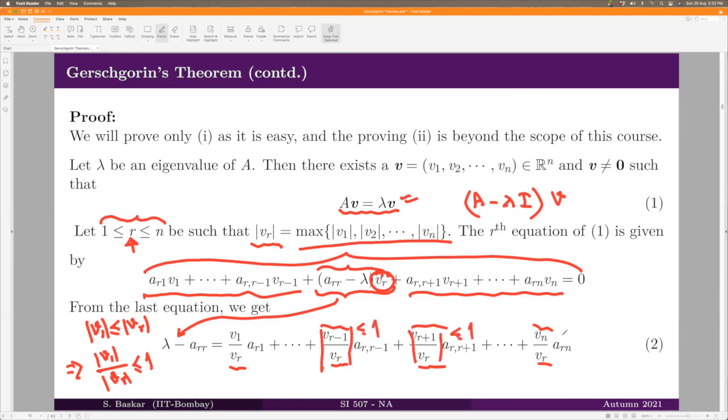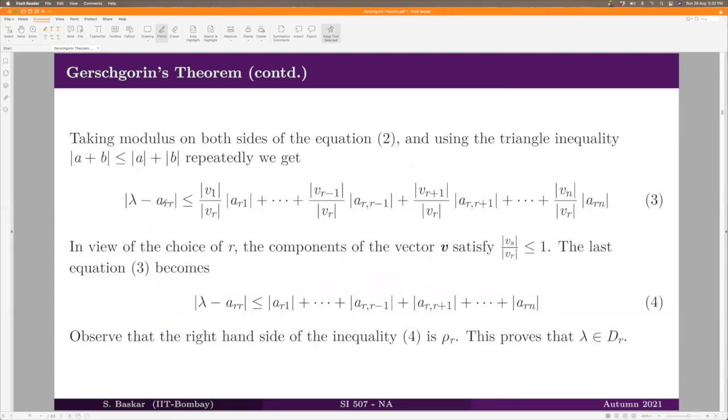Keep this in mind, take the modulus on both sides and use the triangle inequality, and you get this inequality. Each of these terms is less than or equal to 1, because V_r is the term at which the maximum norm is achieved.